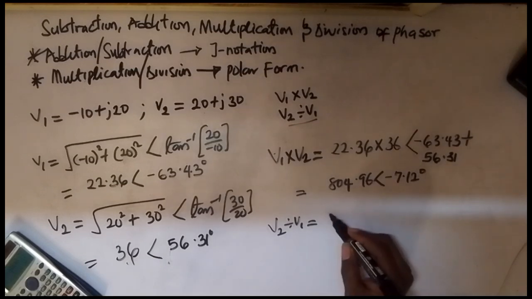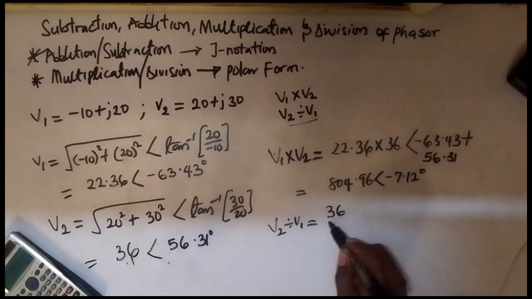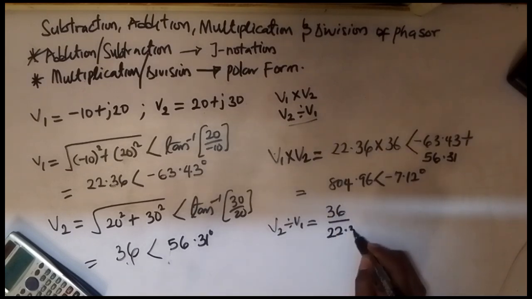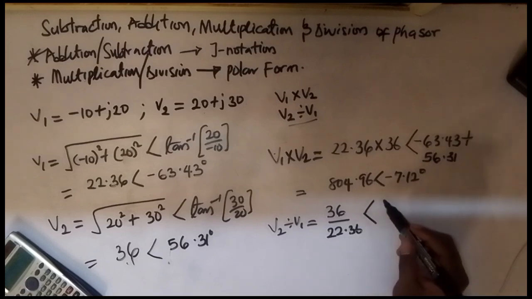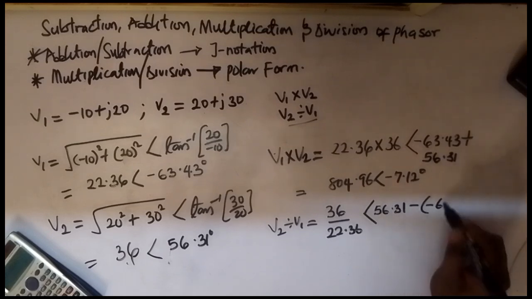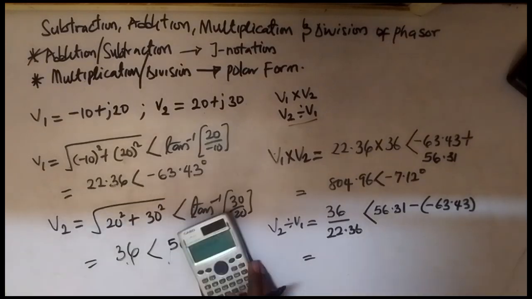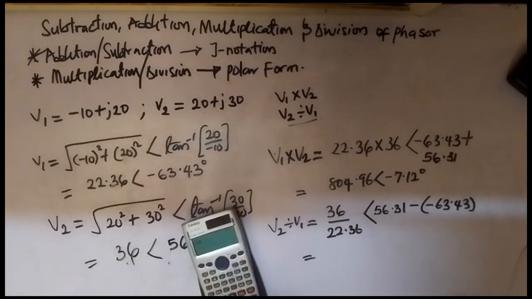So what we have here is now 36 divided by 22.36 at an angle of, subtracting this from this, 56.31 minus minus 63.43. 36 divided by 22.36 is 1.61.